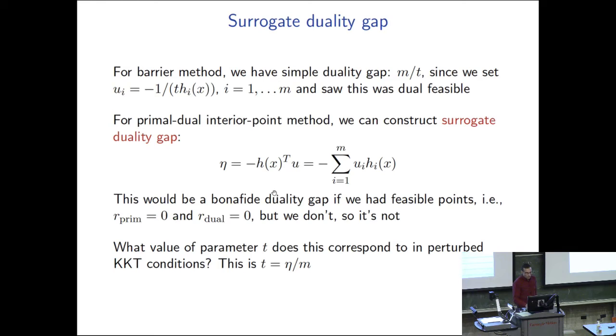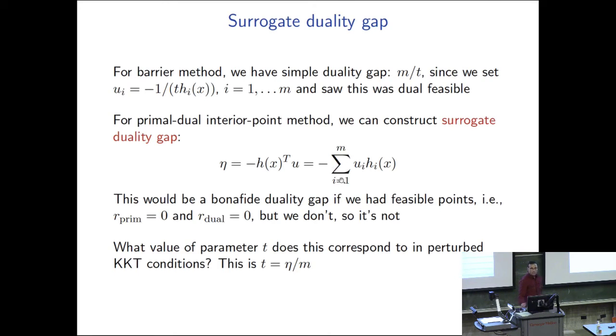Going through the exact same calculation, we could still plug u and v into the Lagrange dual function, take the difference between the primal criterion at x and the dual criterion at u and v, and that would lead to minus the sum of ui hi. That's the calculation we did last time. And when you plug in ui to be minus 1 over t times hi, this thing just becomes positive 1 over t, the sum from 1 to m, and that's where the m over t comes from.